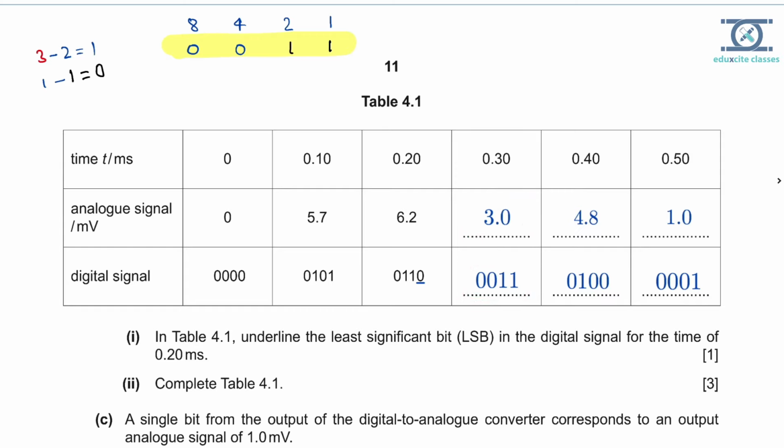I repeat once again, for those who don't know: the number given to us is 3. So we choose a number from this sequence. The sequence is 1, 2, 4, 8, 16. You just multiply by 2. So the number is 3. 3 minus the number just less than it in the sequence, which is 2.